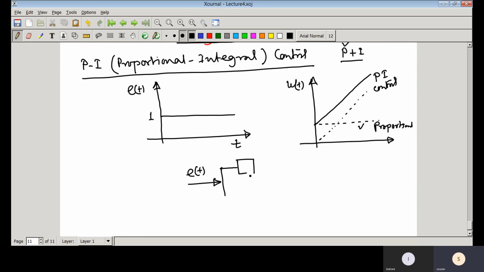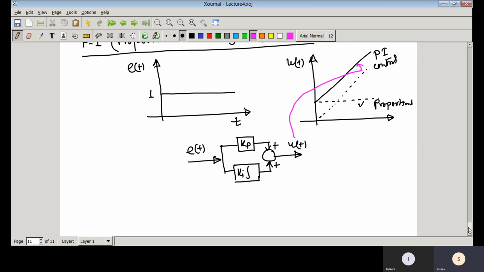One is Kp, the proportional block, and another one is that integral block, that means the integral controller. Now if you add the effects of proportional and integral, then the effective output you will get, that is u(t). So in this case, this u(t) is this one. So I hope it is now clear.